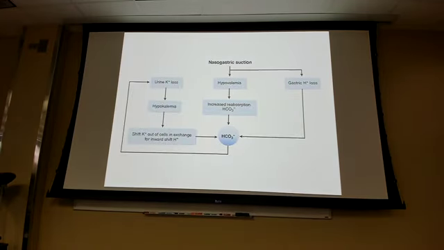So nasogastric suctioning or vomiting, right? Let's just put either one, right? The same mechanism, where we're pulling acid out of the stomach, okay? That causes hypovolemia. In the kidneys, that causes increased reabsorption of bicarb. And so we have too much bicarb. But what does hypovolemia also do? What is the kidney's response to hypovolemia?